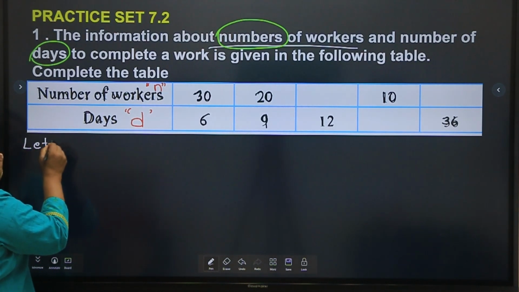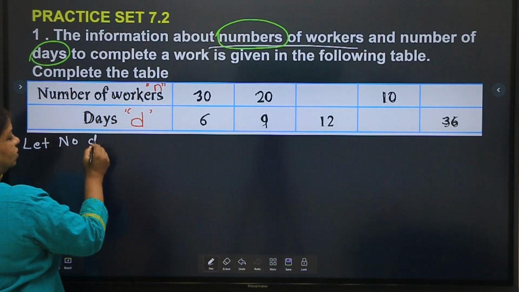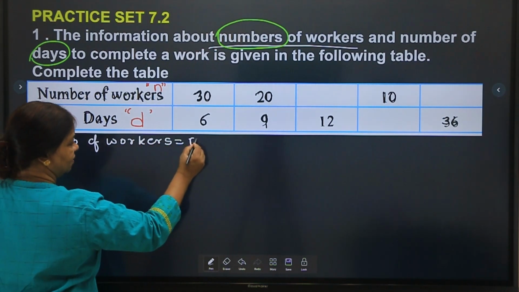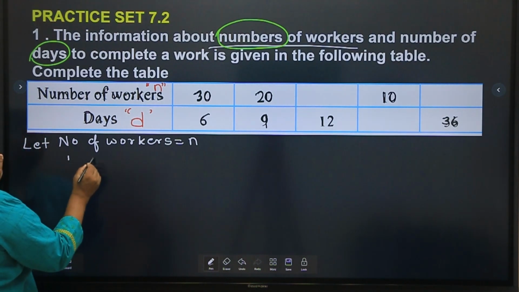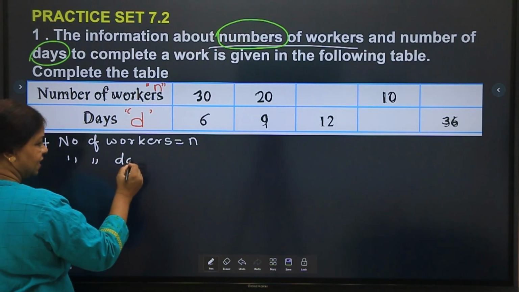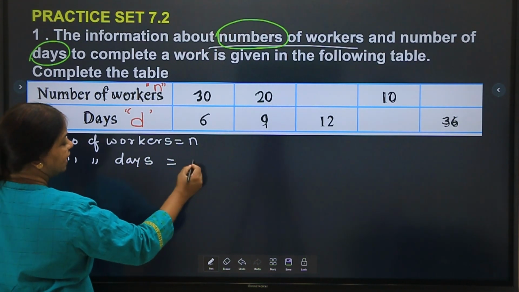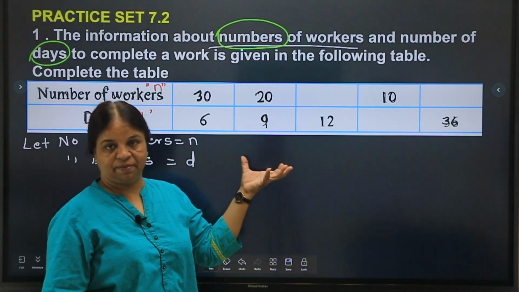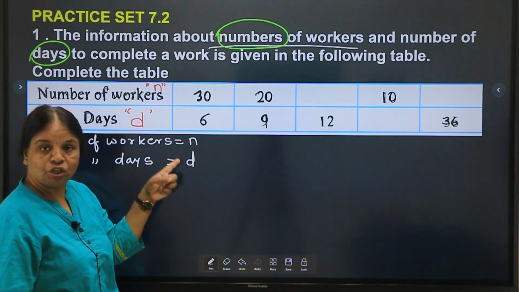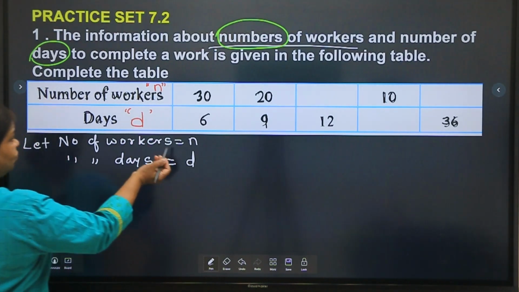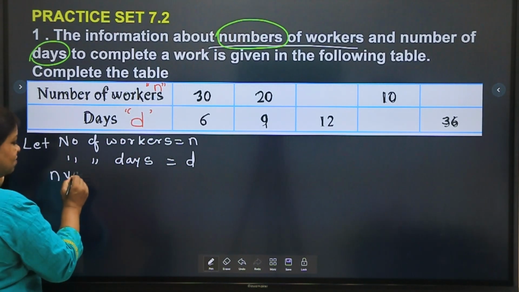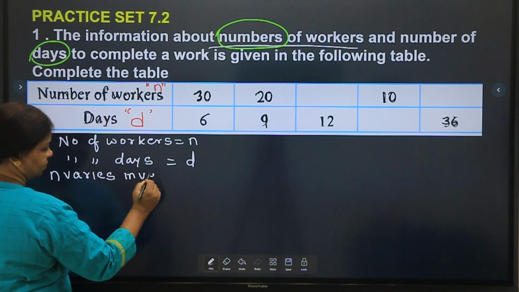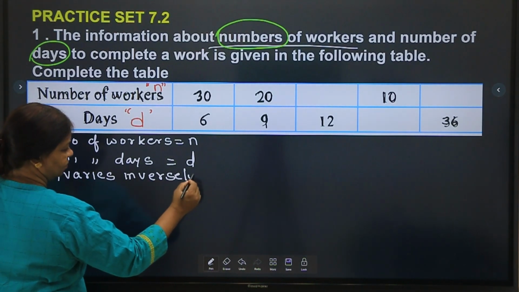Let the number of workers be n and the number of days be d. But by studying this table, we come to know the relation between these two is of inverse variation. So we can say n varies inversely to d.